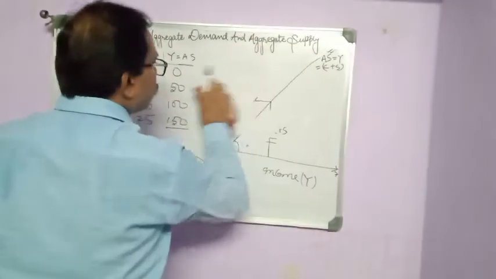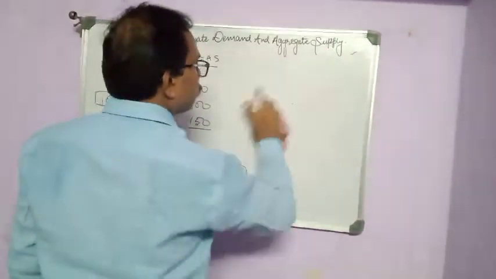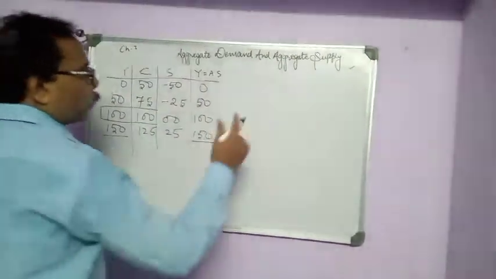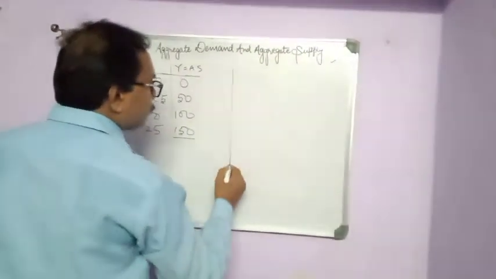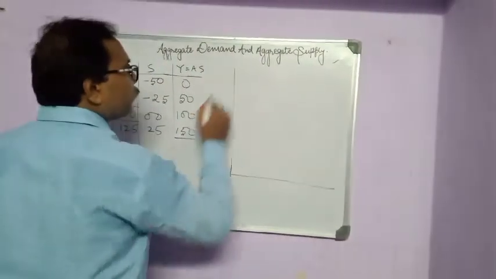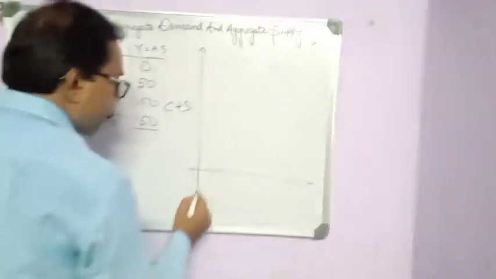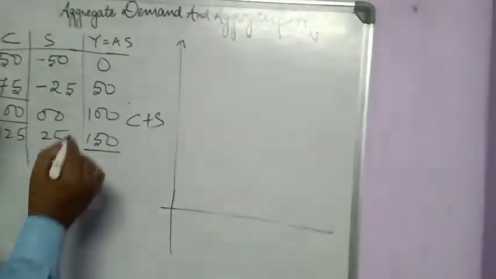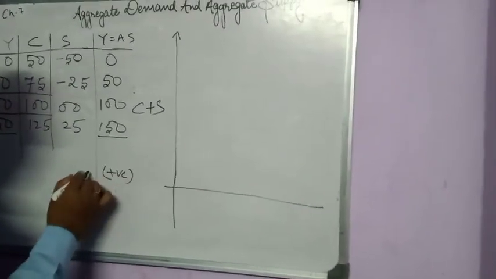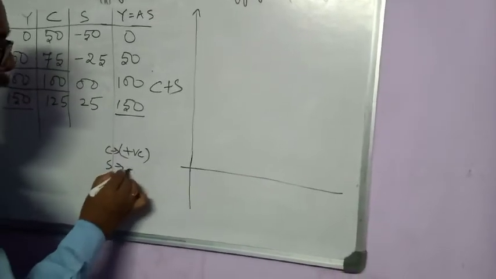suppose, as I told you, on the y-axis we have taken consumption plus saving. Clear? So consumption will always be positive, whereas saving may be negative.